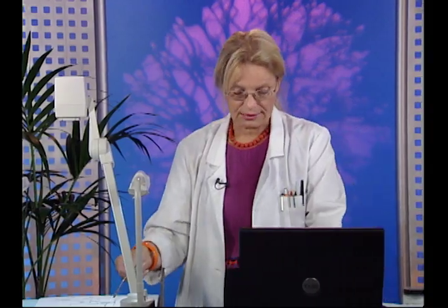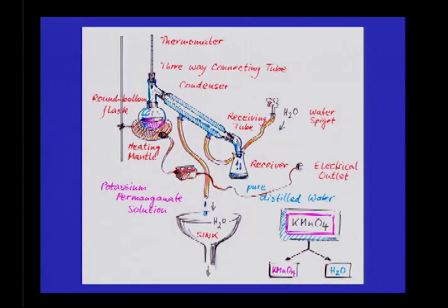But here again we have the setup of the distillation apparatus. We have a round bottom flask which contains our solution. In the video we used potassium permanganate completely dissolved in water in a nice magenta colored solution. Put a few boiling stones in there to prevent bumping of the liquid as it heats.